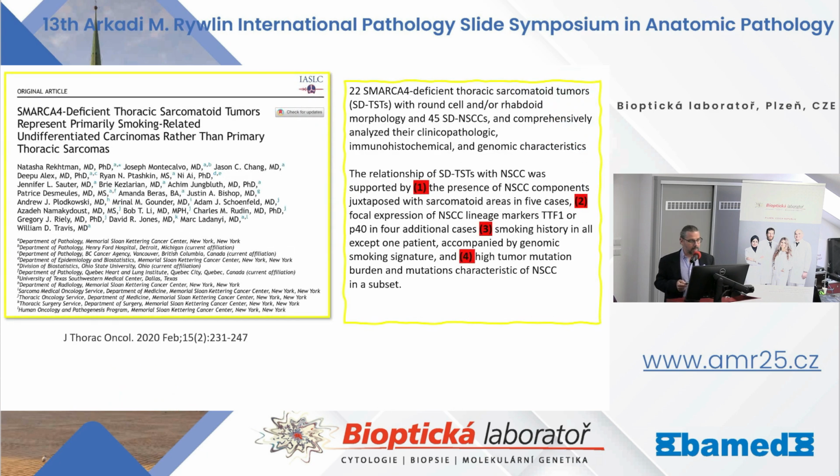And this is the last work, 2020. I would like to show you again 22 cases with the same entity. And these authors also performed some genetic studies, immunohistochemical studies, and based on all of these, including previous works, although these previous authors called these tumors sarcomas, now it is believed that most of these cases represent, in fact, dedifferentiated pulmonary non-small cell carcinomas.